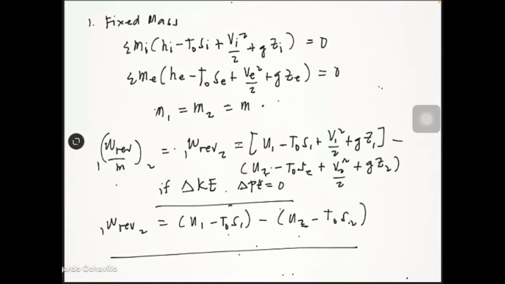This is in your control volume. Okay, now this is for your steady state steady flow process, right? This is your work of your control volume.